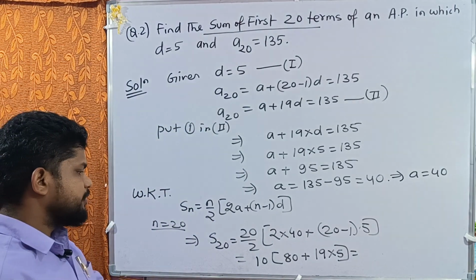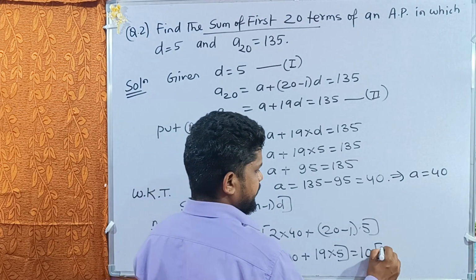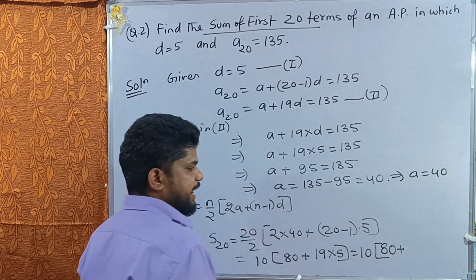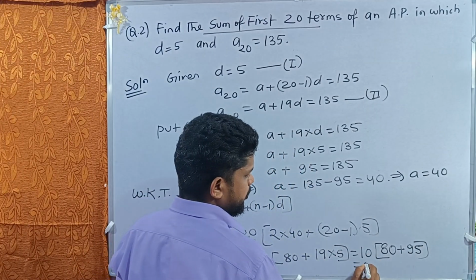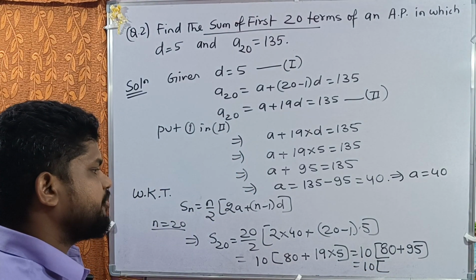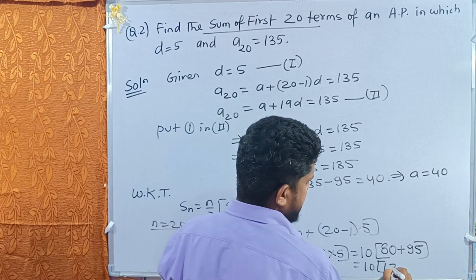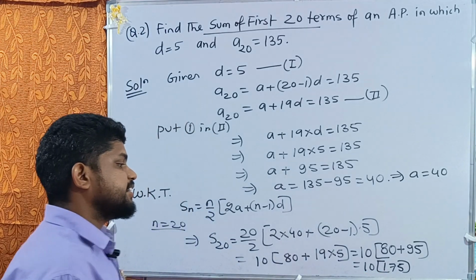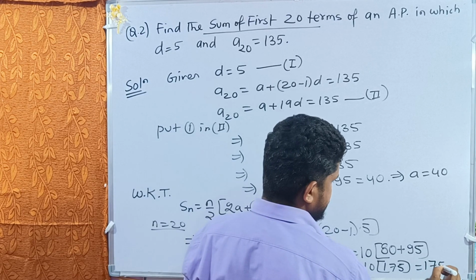Here 19 into 5 is 95, so this gives 80 plus 95, which is 175, and 10 into 175 is 1750.